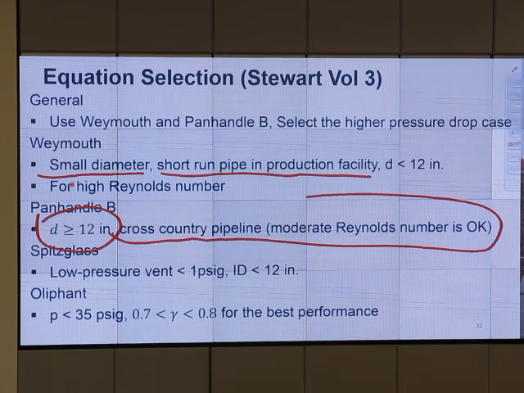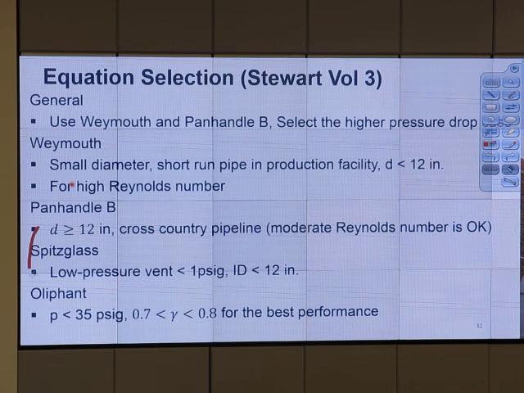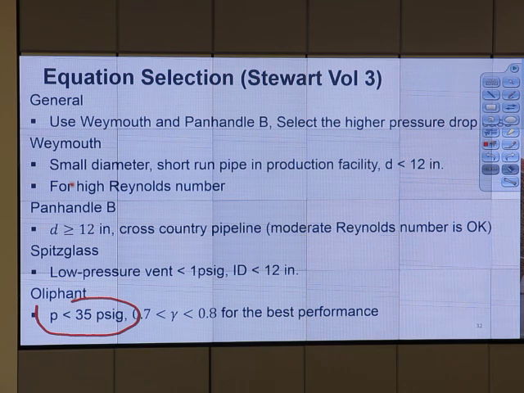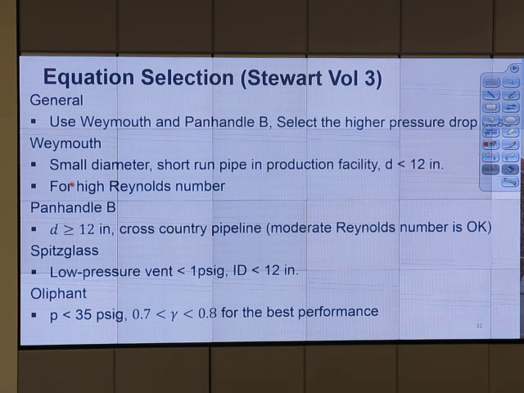Spitzglass, low pressure application like vent flow. Eleph, vacuum, or something less than 35. It has the best performance for gamma equal to 0.75 actually. For this particular quiz, when I say vacuum, use that formula.